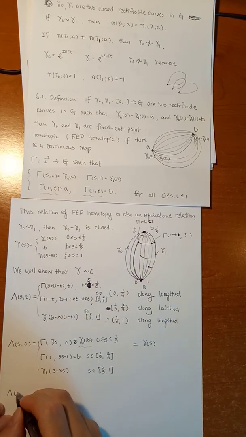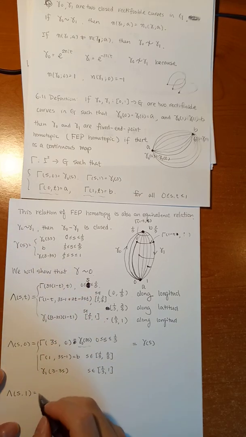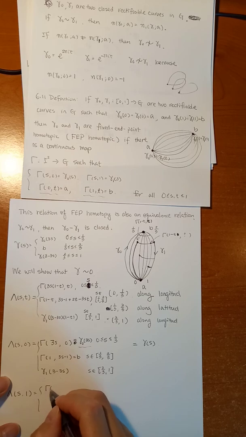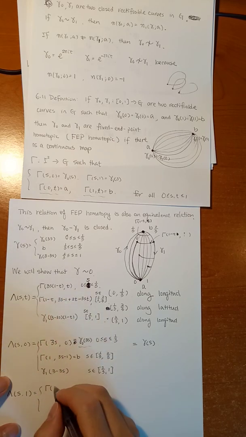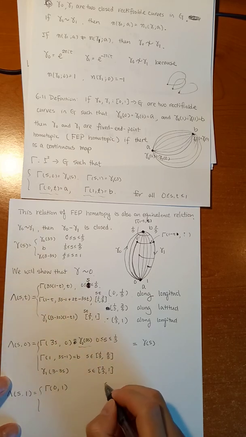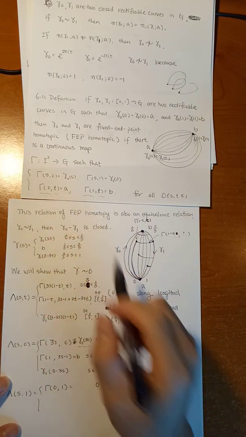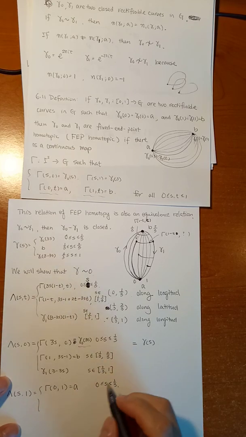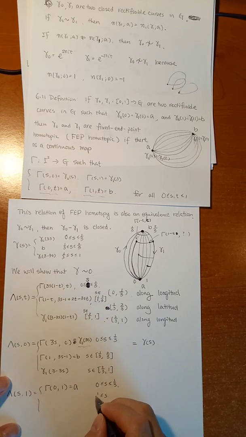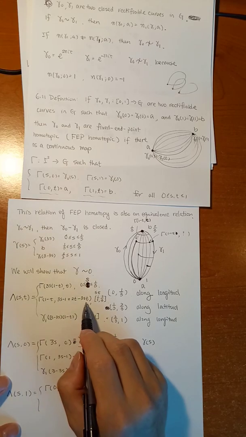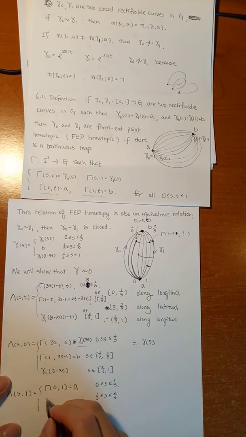And when t is equal to 1, it's gamma 1 minus 1, 0, 0, 1. S belongs to 0 and 1/3. 0 is always a, so it's a. And for s between 1/3 and 2/3, here t is equal to 1.